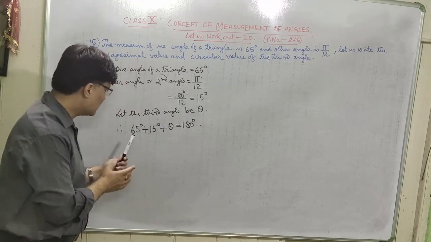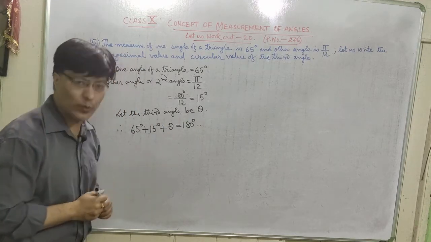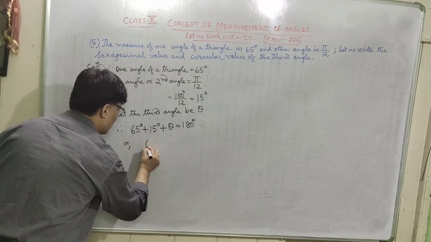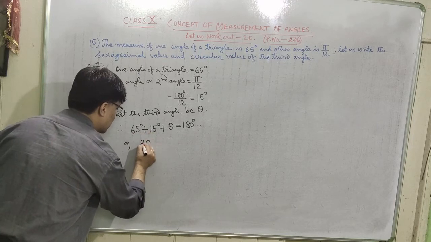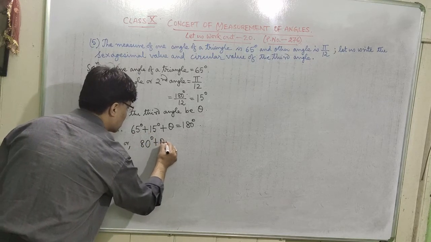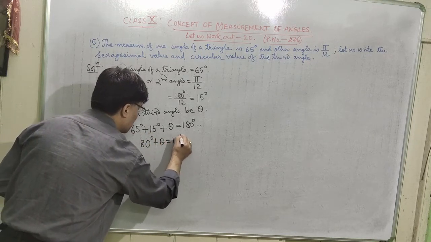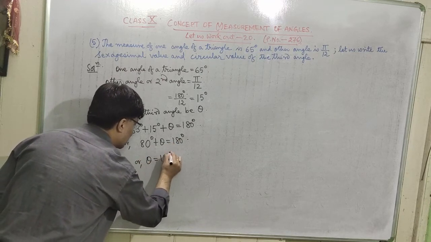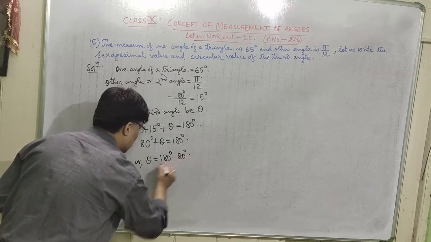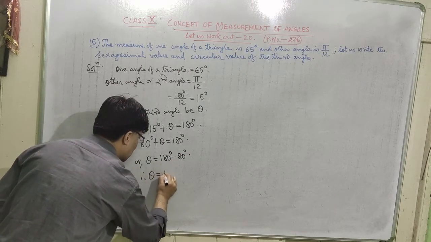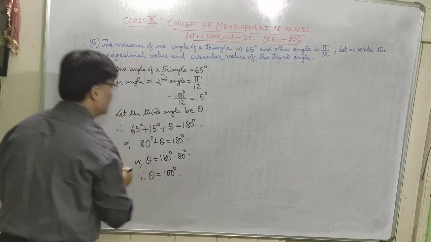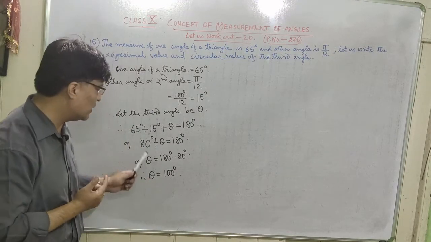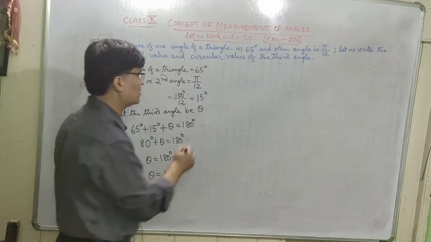So 65 plus 15, 5 plus 5 is 10, 0, 1, 7 plus 1 is 8. 80 degree plus theta is equal to 180 degree, or theta is equal to 180 degree minus 80 degree. That is, theta is equal to 100 degree. Therefore, the third angle in sexagesimal value is 100 degree.